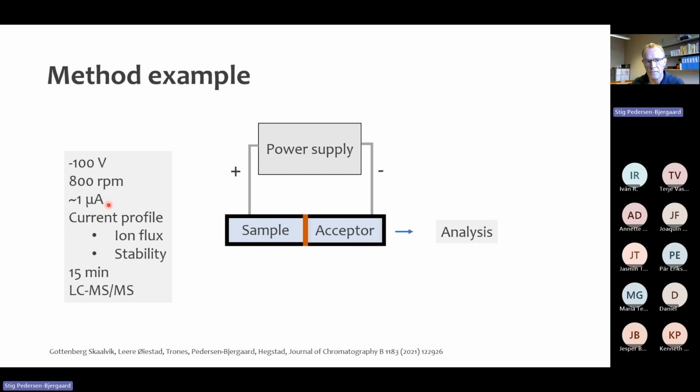We measure this current continuously because it gives us information about the flux of ions across the membrane. And also, very importantly, it gives us a very good support for the stability of the system. So if something happens to the liquid membrane, we can immediately see it from the current profile. We extract for 15 minutes, and then we analyze the acceptor directly by LC-MS.